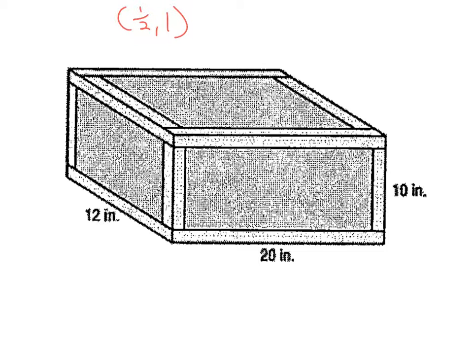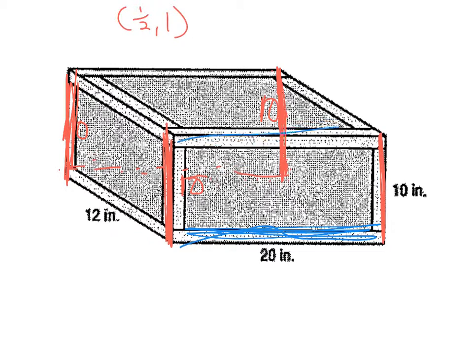Each of these edges has been reinforced with a piece of tape, so I can mark up this diagram. I have that the height here is 10. I have that this side here is 10. And then the very back side that we can't see is also 10. The sections which are 20 would be this section right here, this section right here, this section right here, and the back section would also be 20.